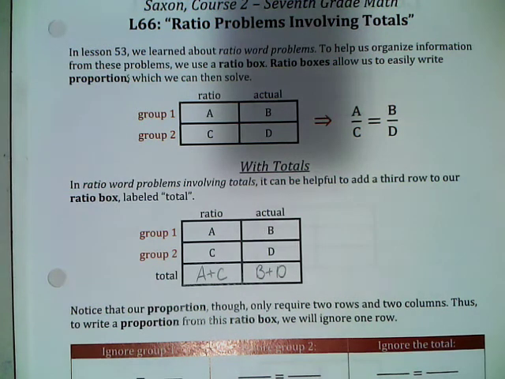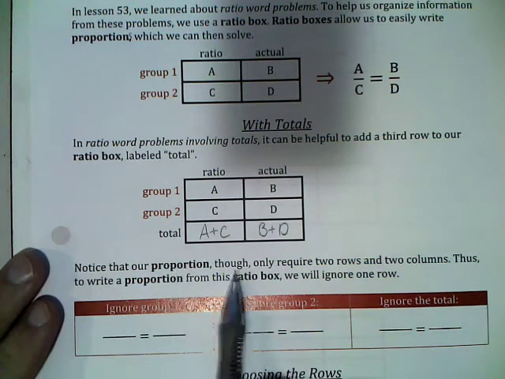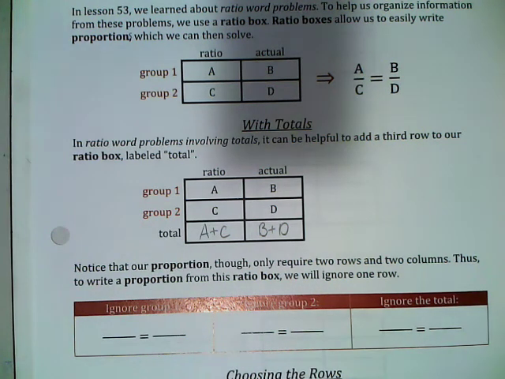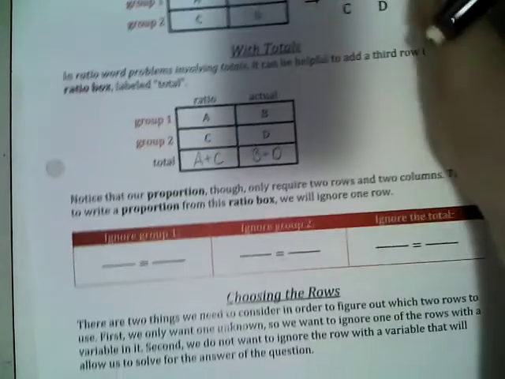So that means we have one too many rows. Our proportion only requires two rows and two columns. Thus, to write a proportion from the ratio box, we will ignore one row. We've got too many rows, just ignore one. There are actually three different rows that we could ignore, meaning there are three different proportions that we can make out of this. So we're going to take a look at all three quickly here.